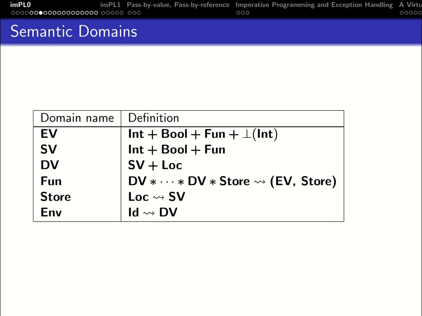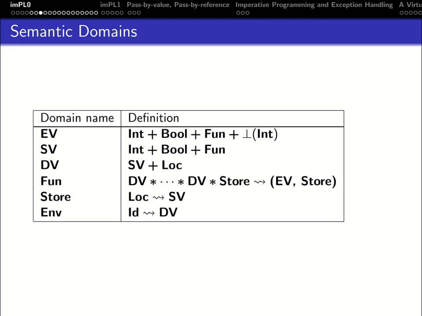So we're going to enrich our semantic domains, right? We have a store, and the store is locations to stored values, right? Stored values can be integers, booleans, or functions, right?